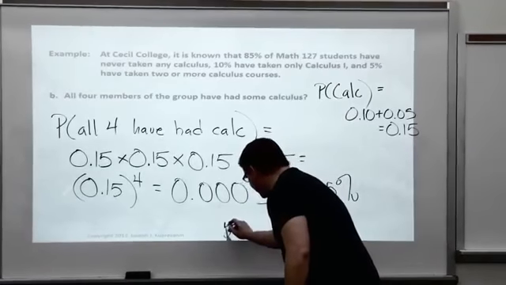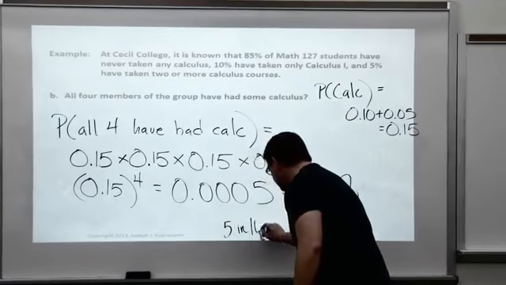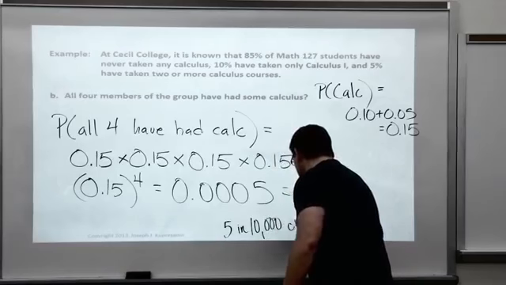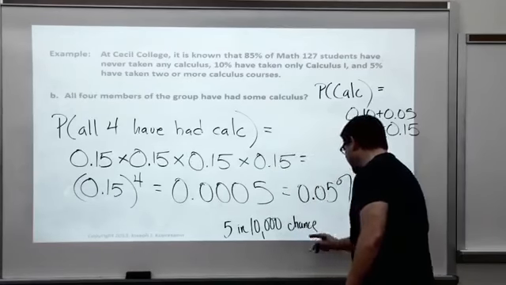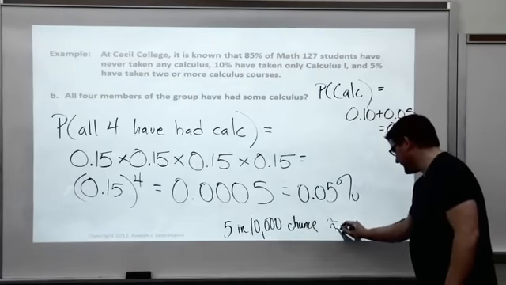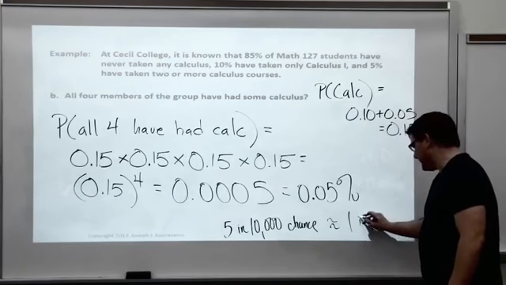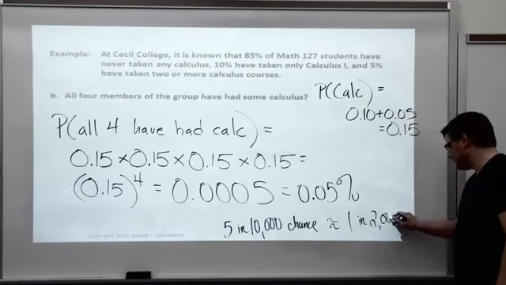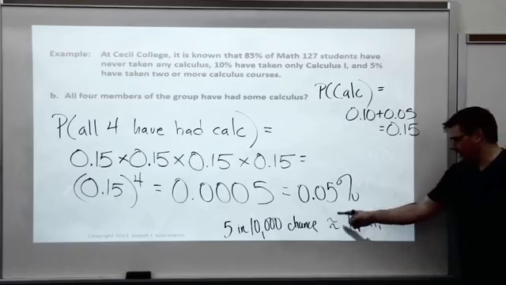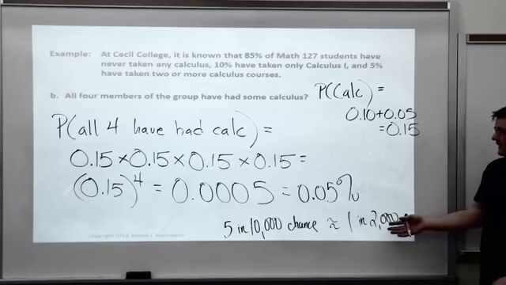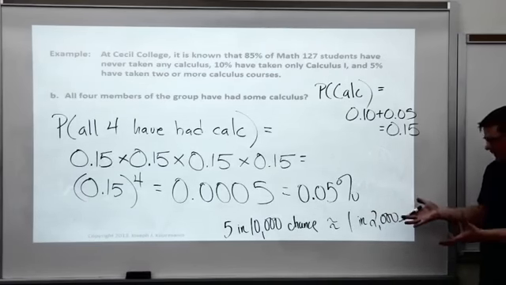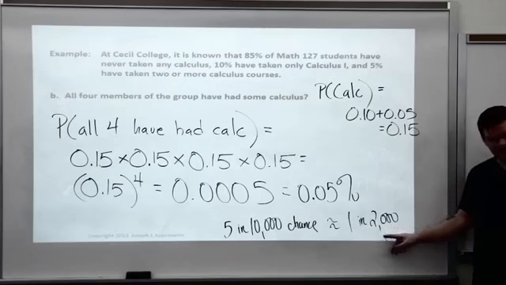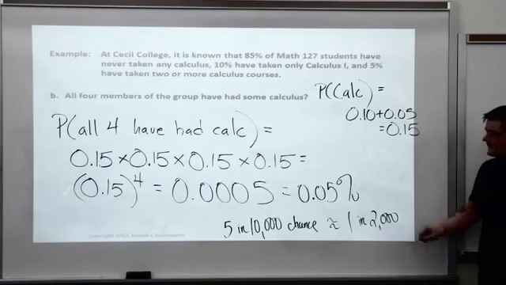It's a 5 in 10,000 chance. If I reduce that, this is about a 1 in 2,000 chance that if I randomly created groups, we'd get the super calc group where all 4 students had some calculus. Right? 1 in 2,000, pretty rare.